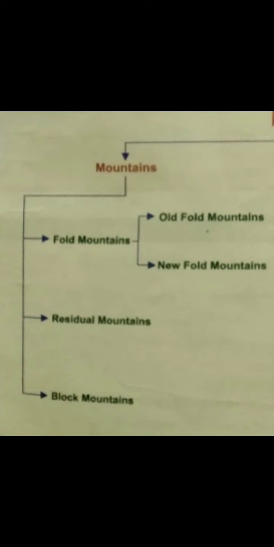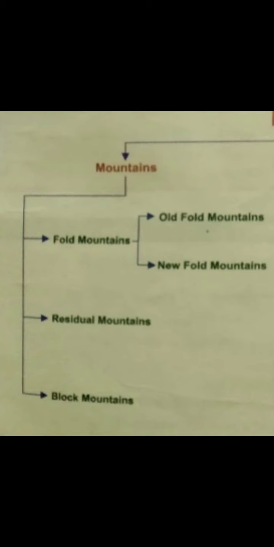This Aravalis mountain is a very old fold mountain. Since these mountains have been on the earth's surface for a very long time, they have been weathered and eroded. You remember we learned about erosion and weathering of the land surface. Slowly and slowly their height is reducing because of weathering and erosion, right?